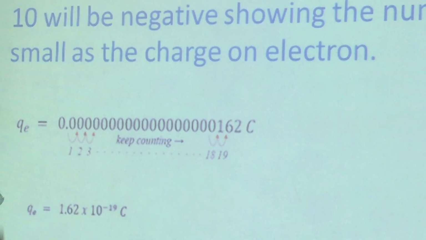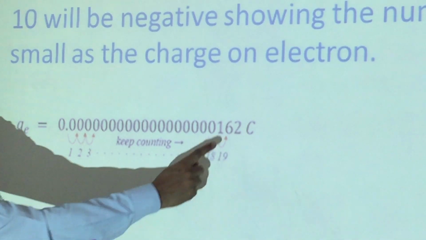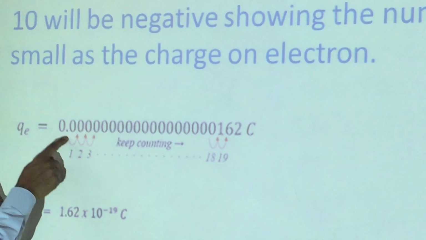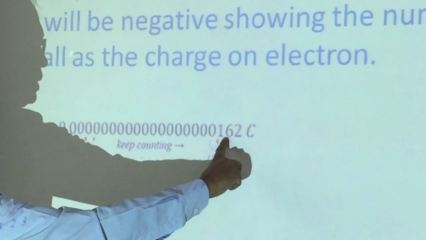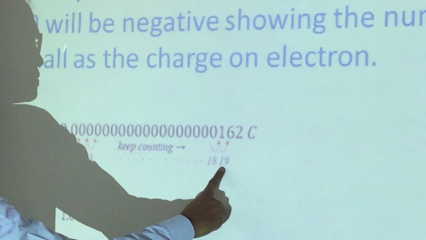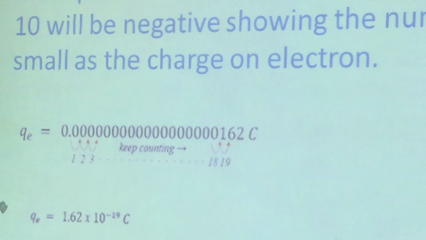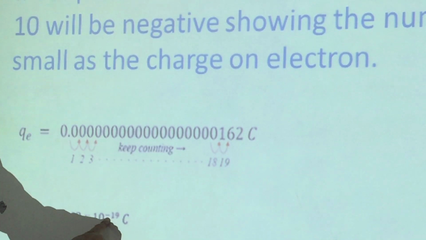To show this in scientific notation, first we need to move the point this way, to after one whole digit. So move it 1, 2, 3, keep on counting, and when you come after 1, these places are 19. So 10 raised to the power minus 19, because you moved the point this way. When the point moves this way, the power is negative.